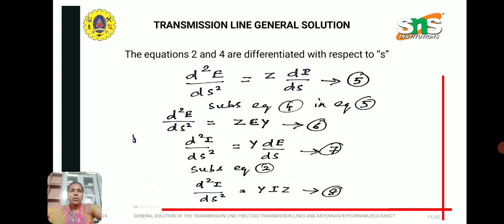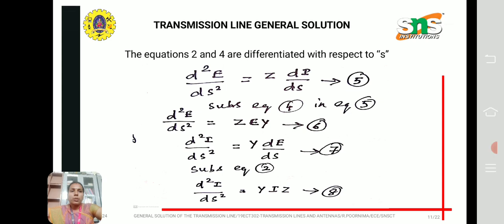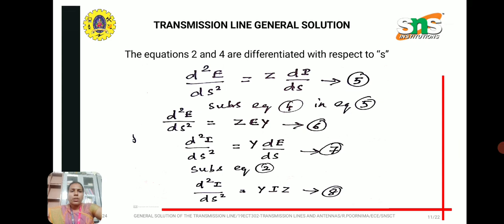Next, the previous two equations are differentiated with respect to S, and then d squared E by ds squared equals Z into dI by ds, and d squared E by ds squared is Z into Y into E. Differentiating the previous two equations gives the differential transmission line equations.